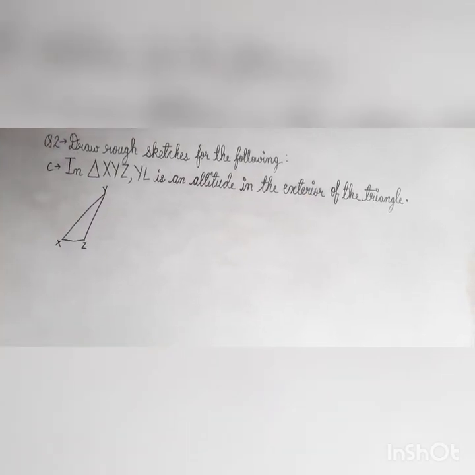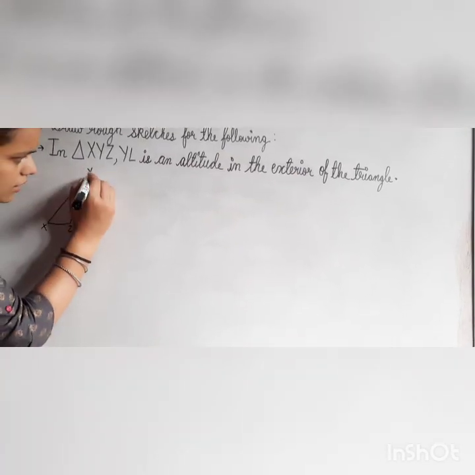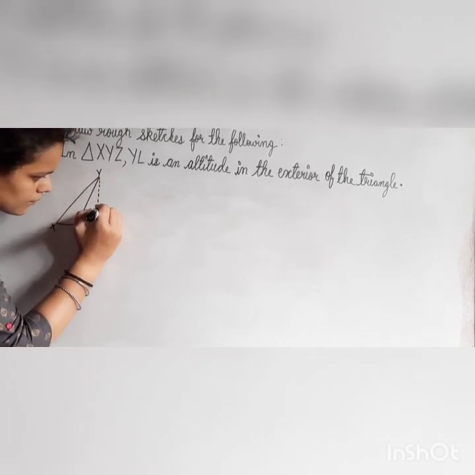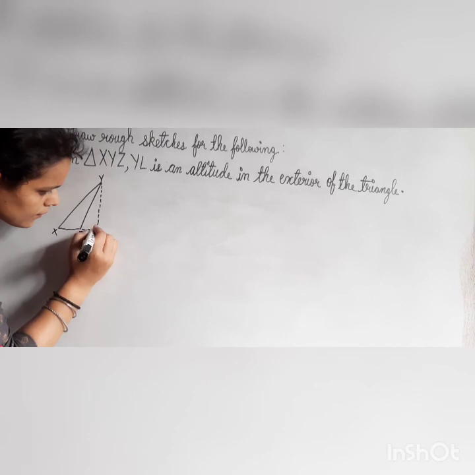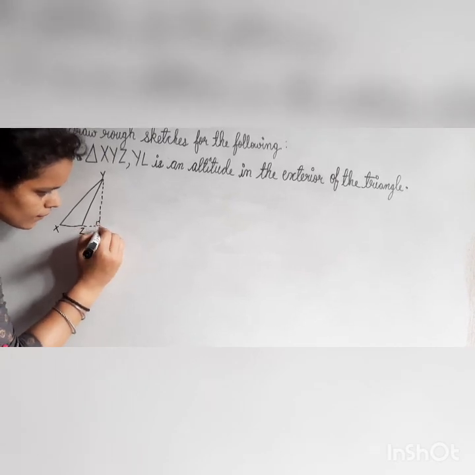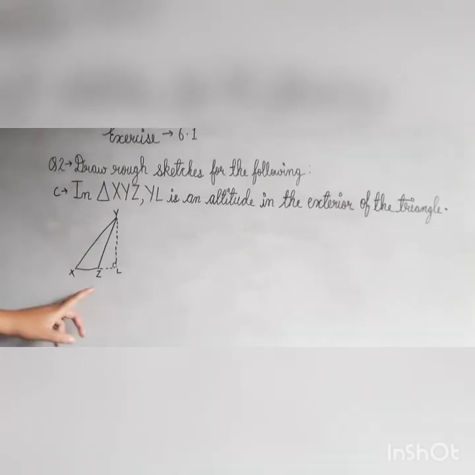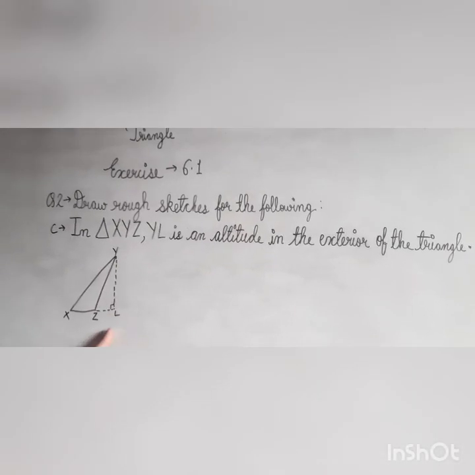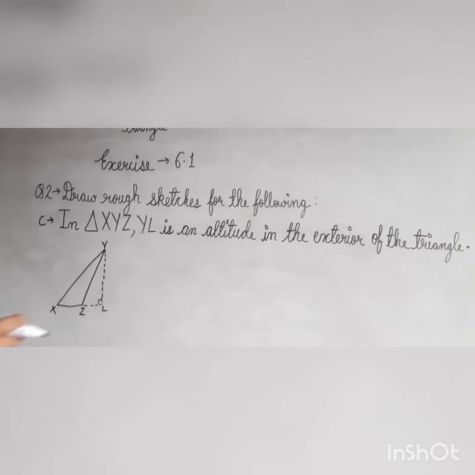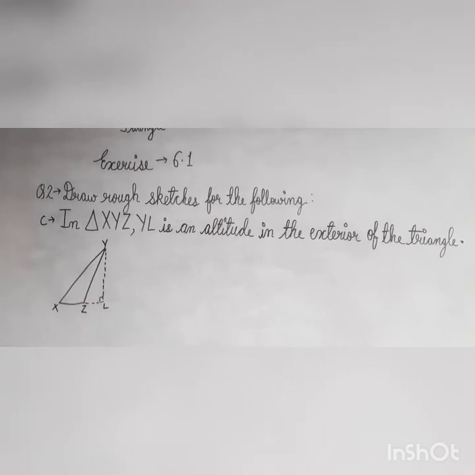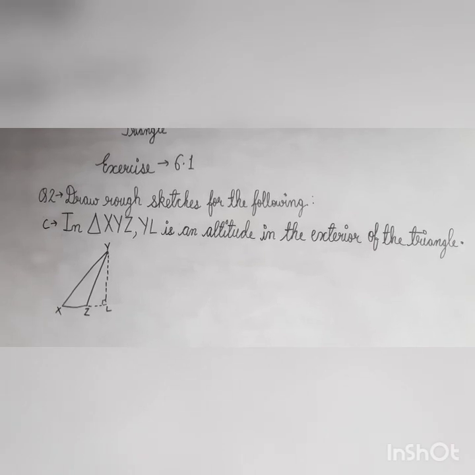Exterior means outside. So you have to make it outside, like this. This is a triangle XYZ and YL is an altitude in the exterior of the triangle. It will make 90 degrees. Your question number second is completed.